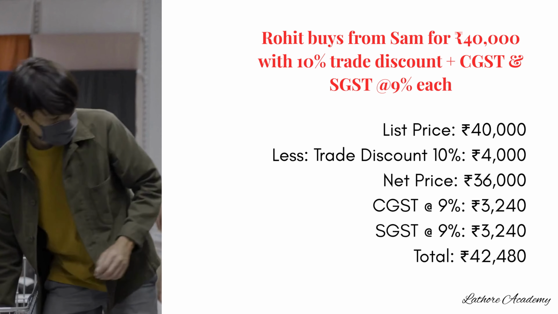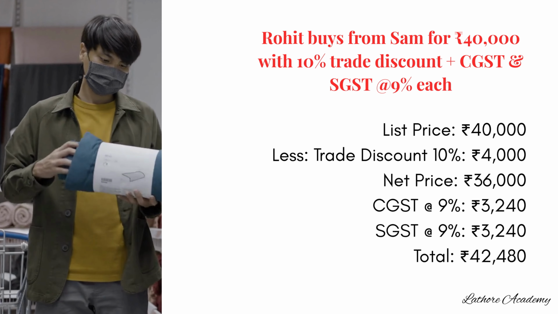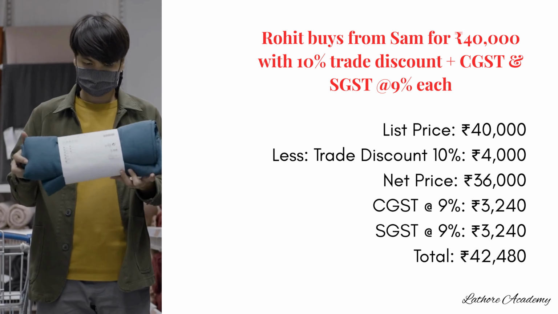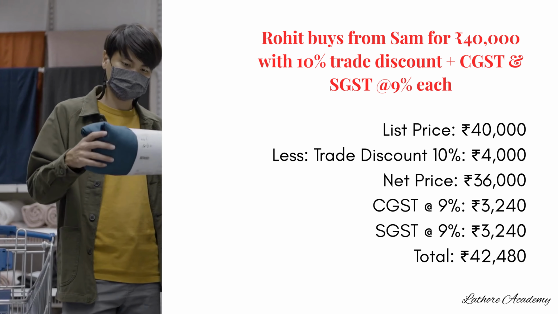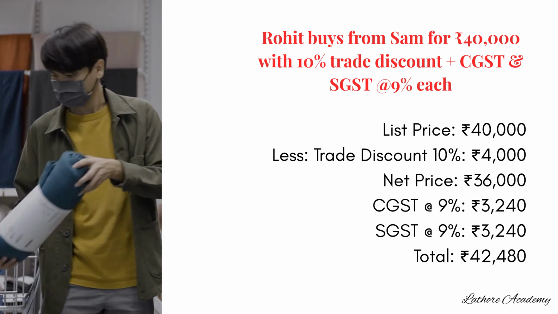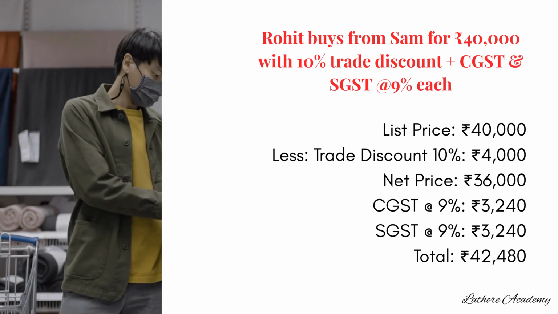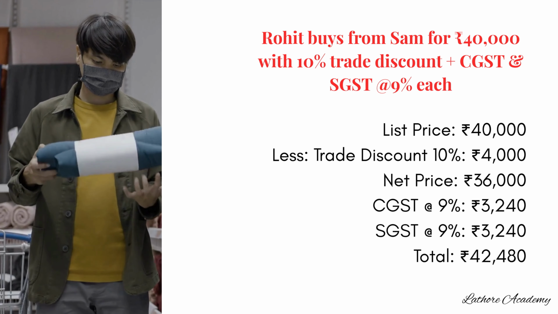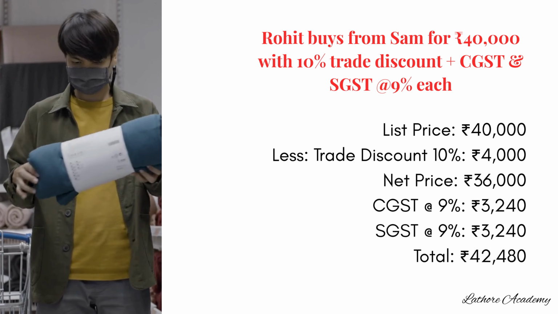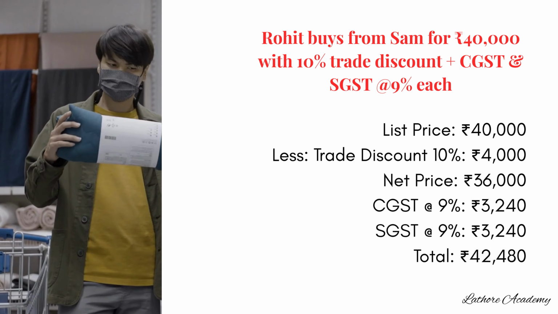So in this case, when the list price is 40,000, the trade discount 10% comes to 4,000 rupees. So the net price will be 36,000. On that we have to calculate GST at 9% CGST and 9% SGST. So the GST calculation comes to 3,240 rupees each.